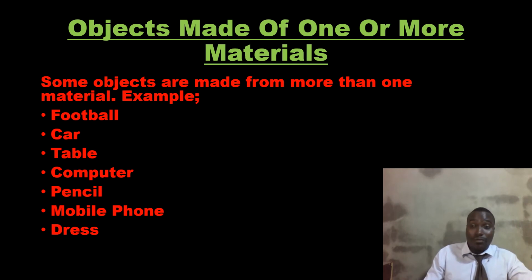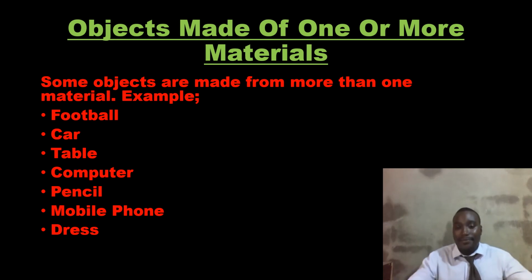Is that not so? Yes. Now the tires or the wheels are made from rubber. So a car alone has about 3 or more materials put together to form a car.